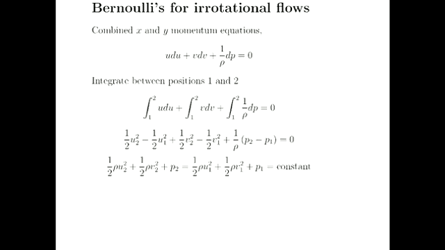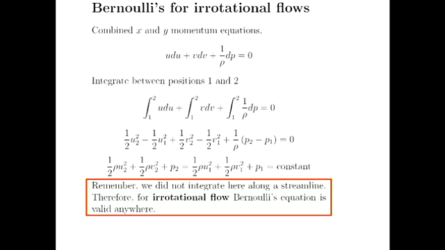So I just get that basically a half rho velocity squared plus p is equal to a constant anywhere within my flow field. Okay. So does that make sense? If you've got irrotational flow, the end point of that derivation, if you remember nothing else, is telling us that if we have irrotational flow, Bernoulli's equation is applicable between any 2 points in space, rather than the limitation we're used to, that it's only applicable along a streamline.